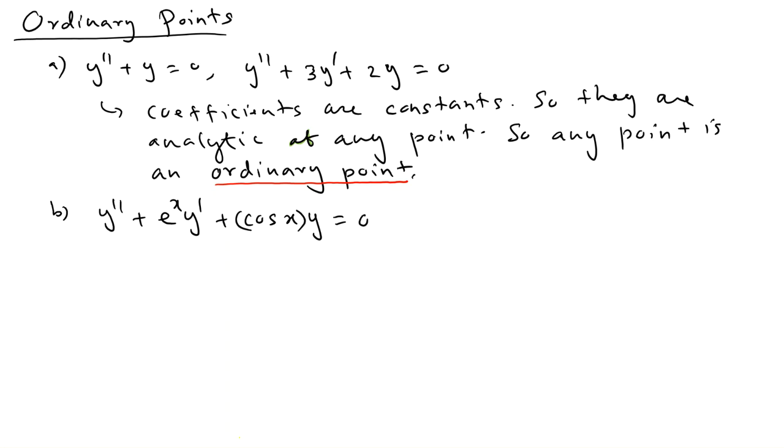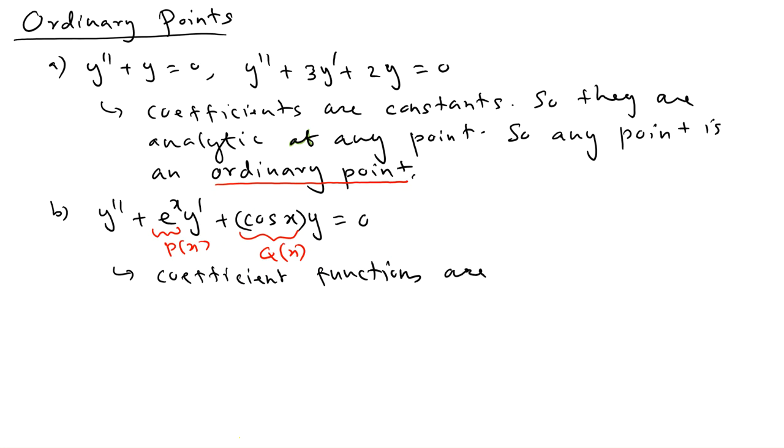And then again you can see these two functions, what we normally call the p(x) and q(x) functions. They are both analytic functions that we know, because they converge everywhere. So again, the coefficient functions are analytic.